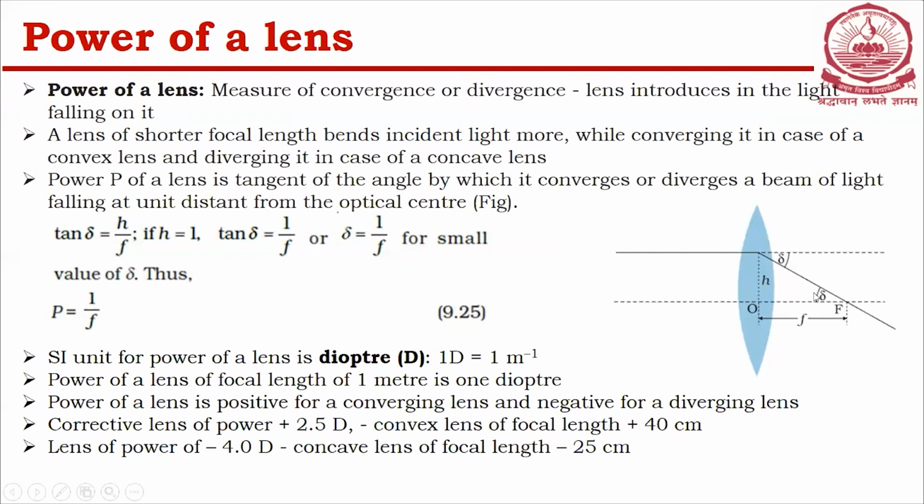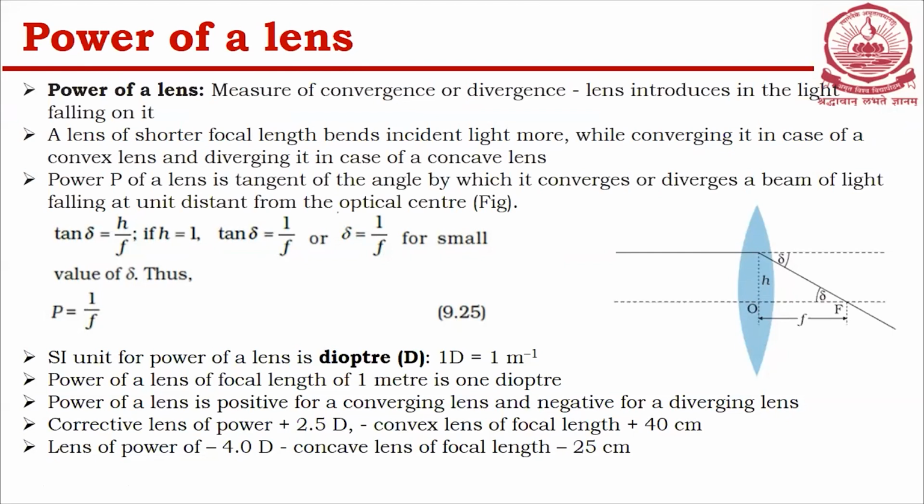If h is equal to 1, then tan delta is 1 by f, or delta is equal to 1 by f for small values of delta. So the power of a lens is nothing but 1 over the focal length.